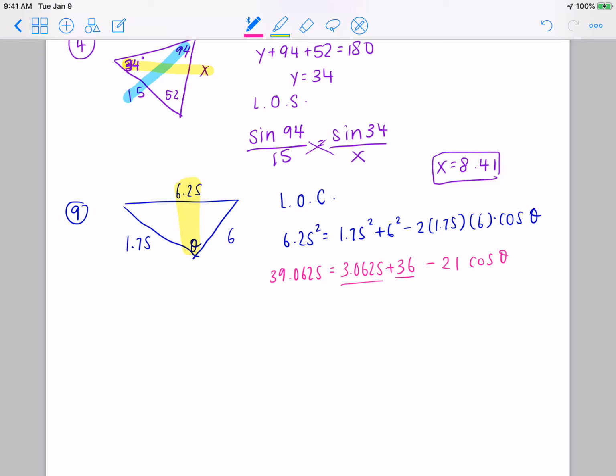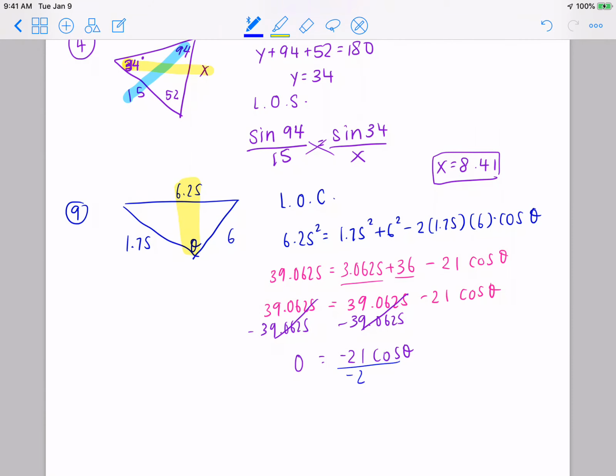Combine your numbers. We get 39.0625 minus 21 cosine theta. And then you will notice that the numbers are the same thing. But we still have to subtract it over. I have to cross them out. It will still be 0 equals negative 21 cosine theta.